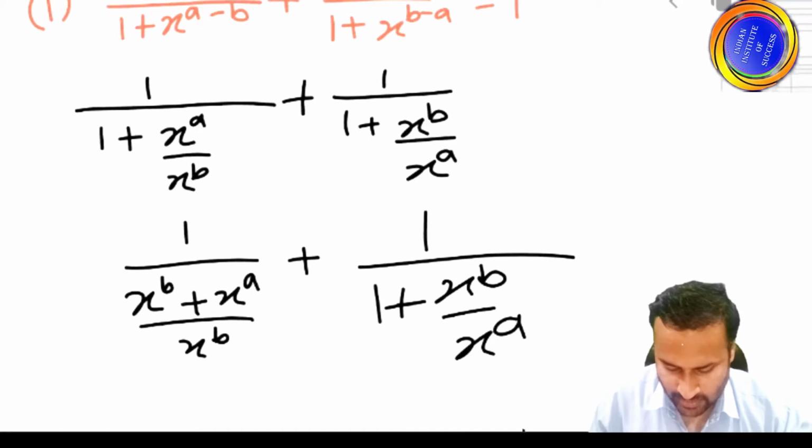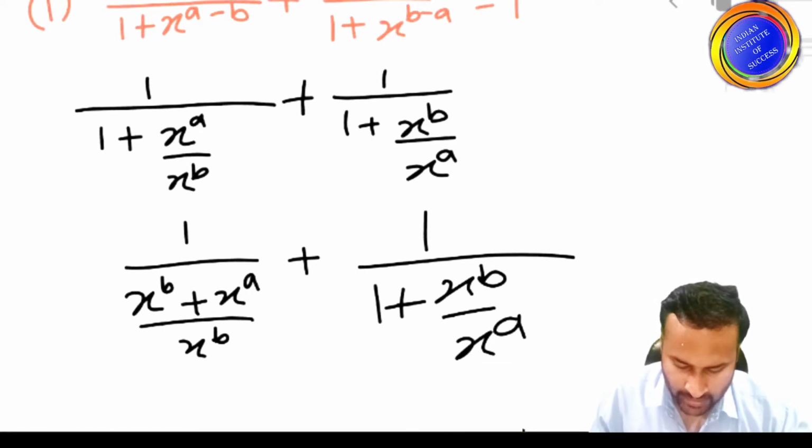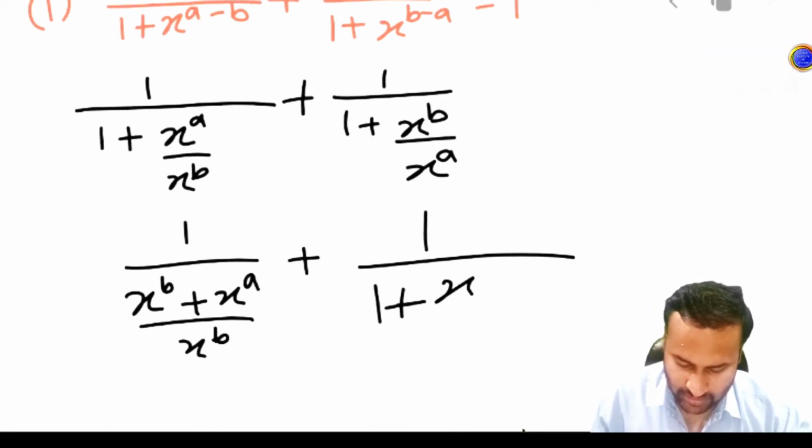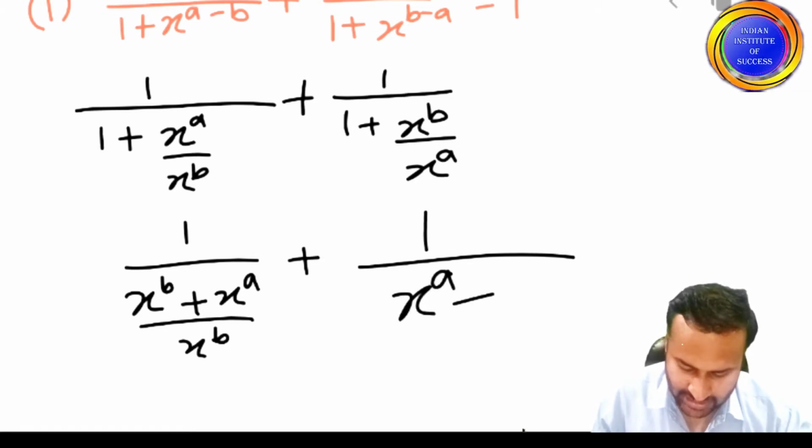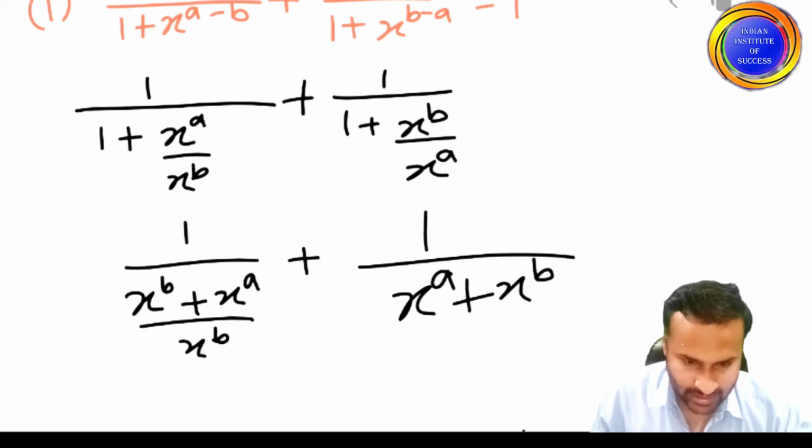So here it is clear. Now we have to take LCM, so I can do this in this manner: x raised to power a plus x raised to power b upon x raised to power a.